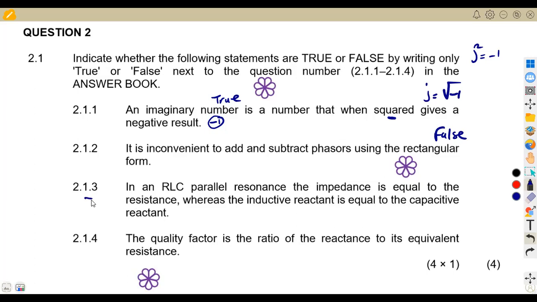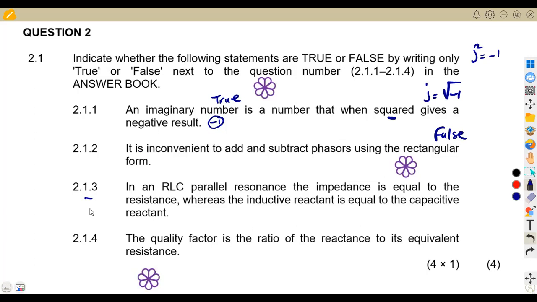Okay, 2.13. In an RLC parallel resonance, the impedance is equal to the resistance, whereas the inductive reactance is equal to the capacitive reactance. Okay, the impedance is equal to the resistance? That one is a no. It is equal when you have series resonance.